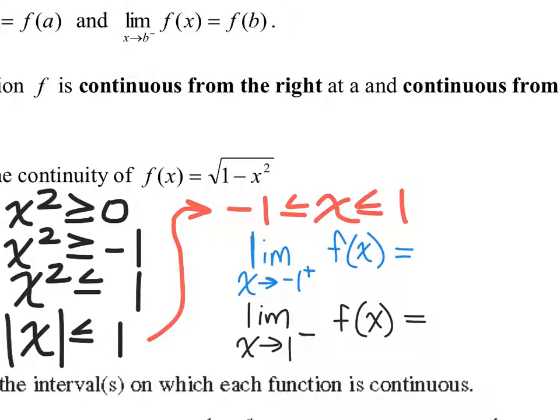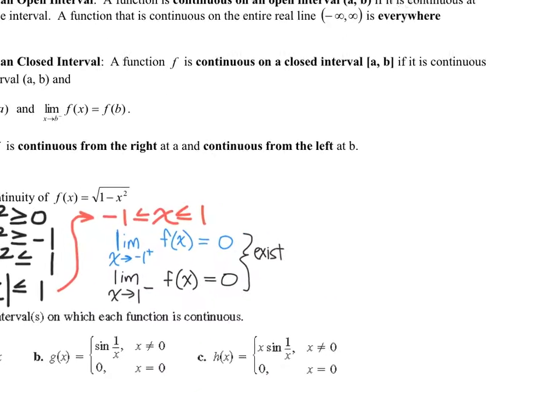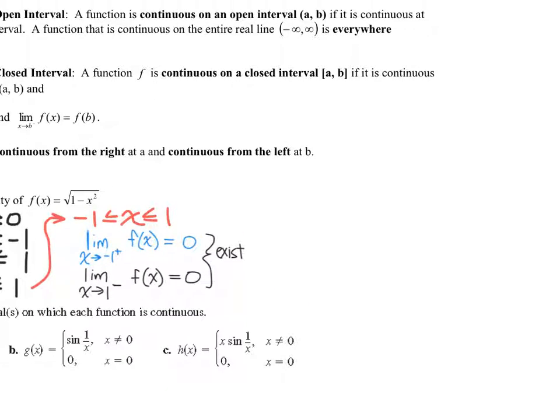So -1, pop it in, you get something that exists, right? And it's kind of determined through the algebra anyway. So 0 in both cases, right? All right, so these exist. So we're looking at a function that is continuous.